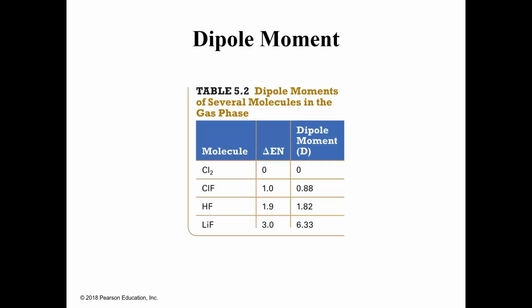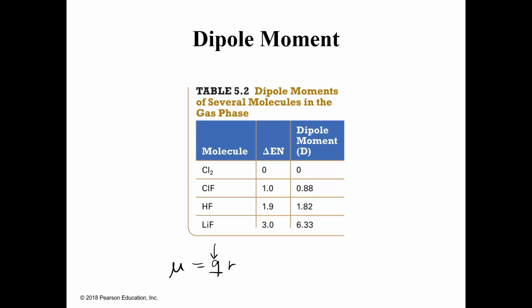And then you can actually calculate something called the dipole moment, which could be mu. This is in your book, but I don't expect you to know this formula or work with it. Q is the charge and r is the distance. It is usually measured in coulombs, and depends on whether you have a +2 and a -1 ion, or a +3 and a -2 ion, or +1 and -1. So it depends on the charge.